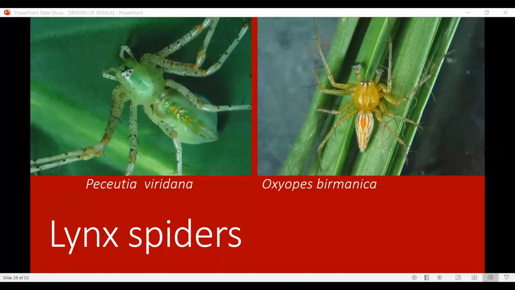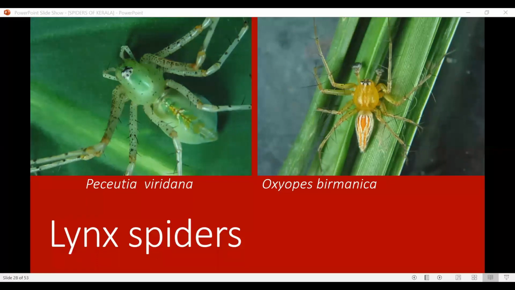If you have seen one oxyopid once, you can easily identify any other oxyopid in the field. The hexagonal pattern of the eyes is so characteristic of the family. So it has very good vision, because they are hunting or ambushing spiders. In terms of biological control, if there are a lot of Oxyopes species in our agricultural field, it is one way to efficiently control the pest population in the field.